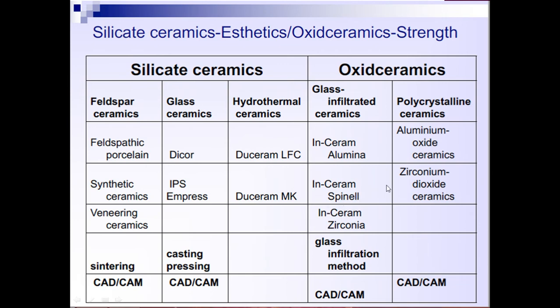The difference between these two is that complete oxide ceramics have only one type of metal oxide, and in the other we have a viscous state with only a dispersion of glass crystals in the entire matrix. So the glass infiltrates into the matrix. That is the main difference between partially crystalline ceramics and completely crystalline ceramics.